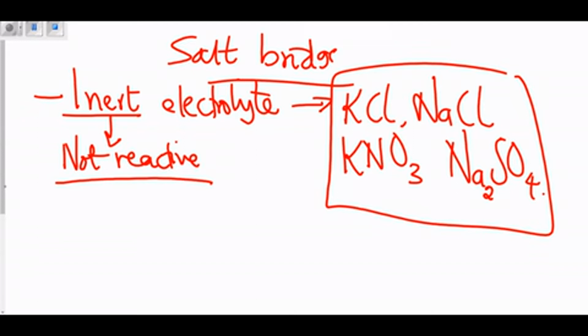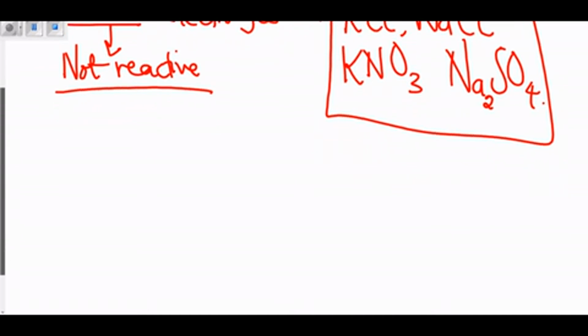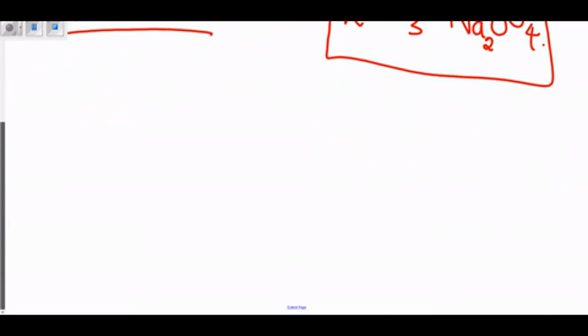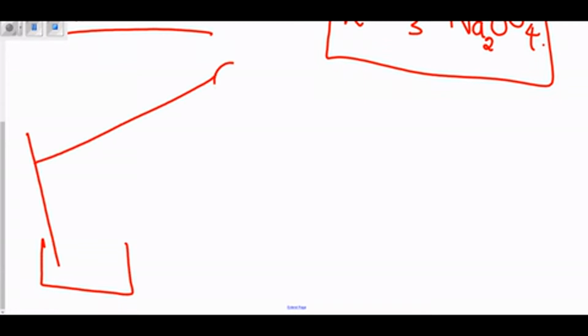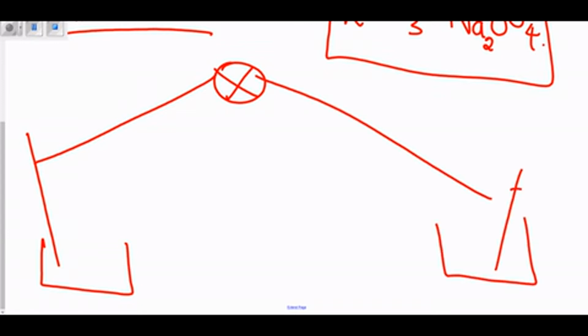Let's go back to, okay, we need to redraw this diagram because we moved to a different page now. All right, let's have our zinc. We said we have a light bulb, and then we have our copper.